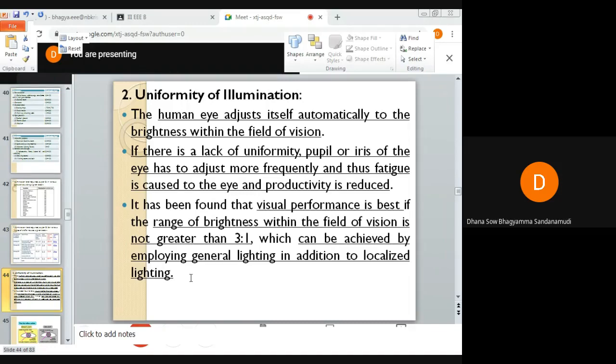Okay, so whenever I enter into a darker room from the open area during the daytime, suddenly I can't see anything. After a few seconds, my eye will adjust to that darker room, and I will be able to see things. Even during night time, if suddenly power is gone and the room becomes darker, immediately we can't see anything.